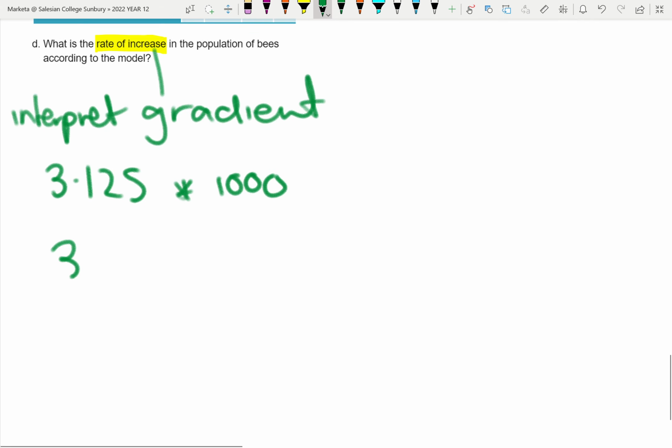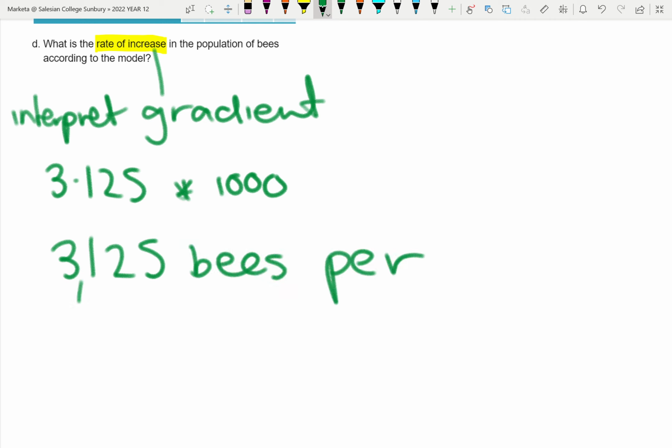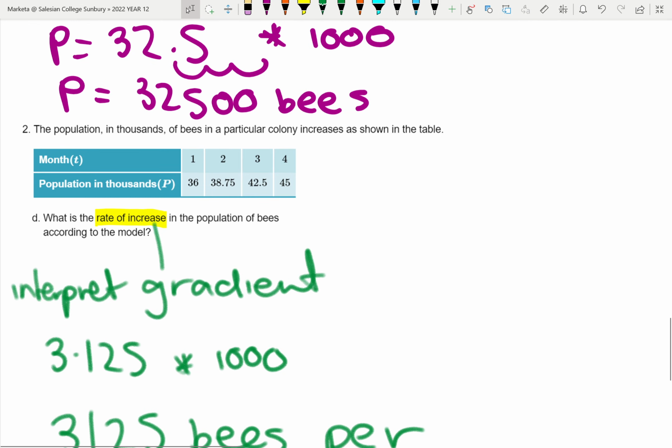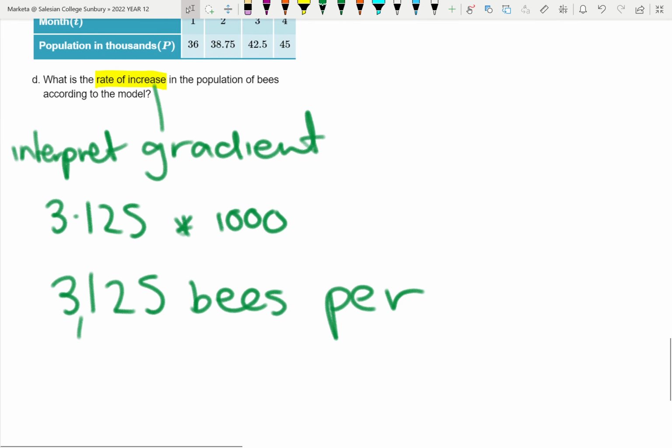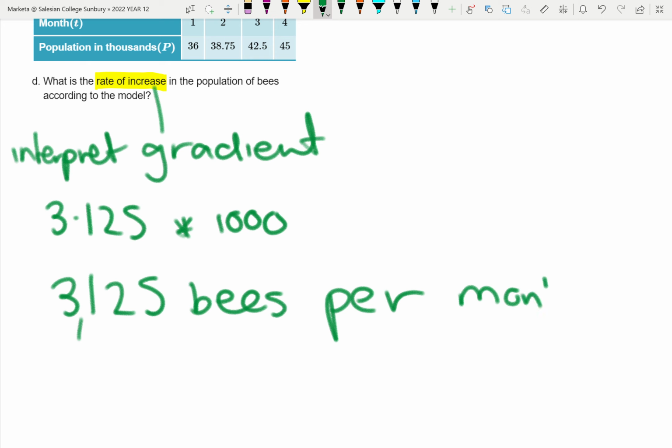So that means 3,125 bees per, and we look and we see that our t value is in months. And because the gradient is positive, it means we're increasing by 3,125 bees per month.